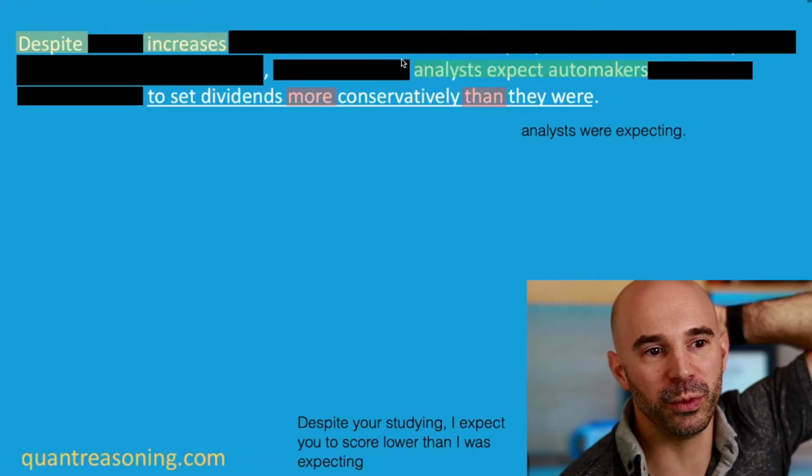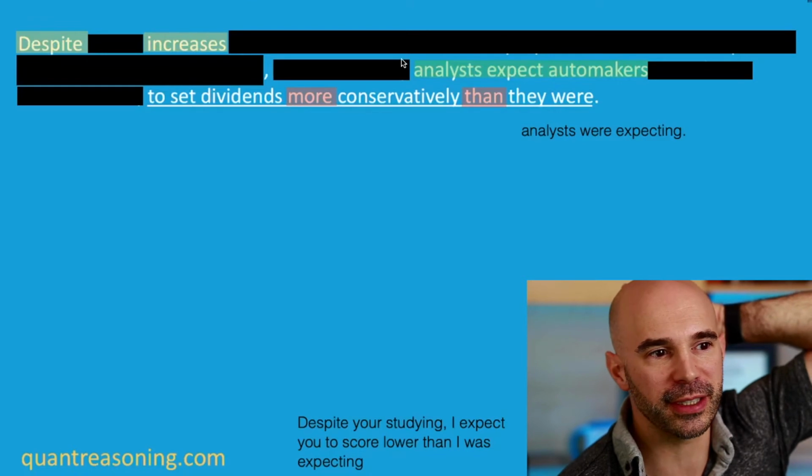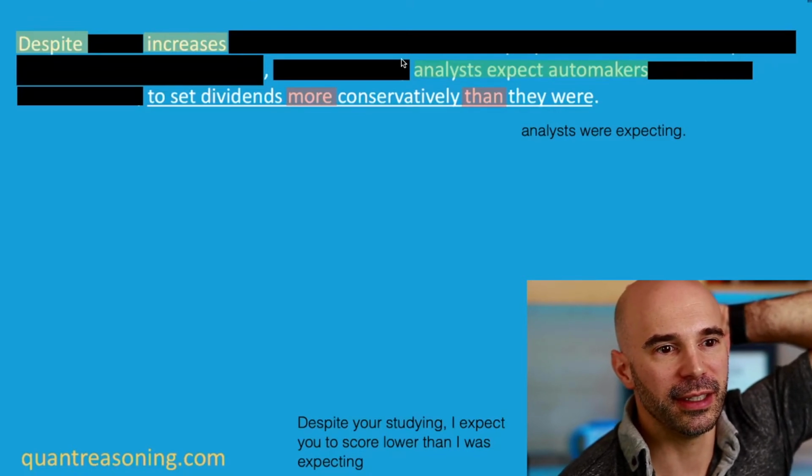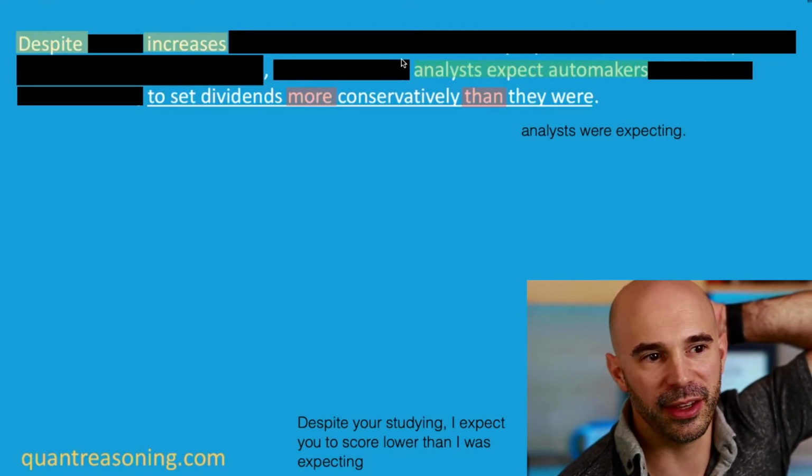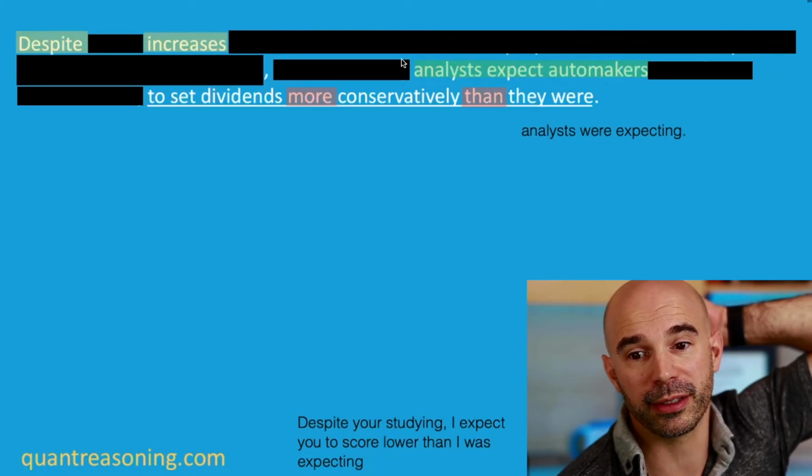If you think about the purpose of this sentence, like what is a sensible interpretation of this sentence? Who's the one setting the dividends? Automakers. And that's also what Eric was saying. Like, how is it not the automakers that the they is referring to? And you're right, it should, but it doesn't when you look at comparison rules.